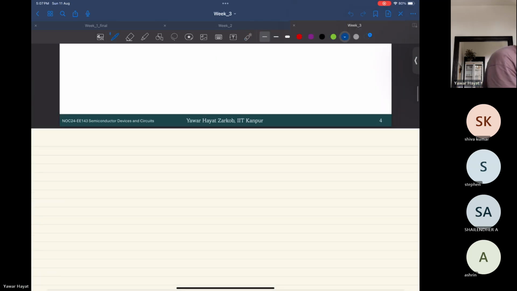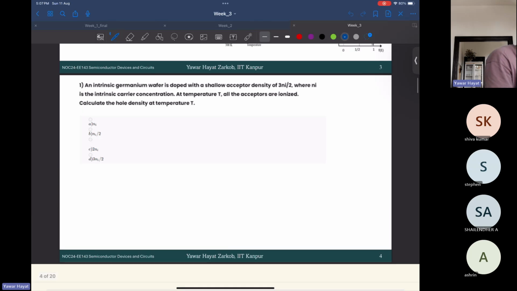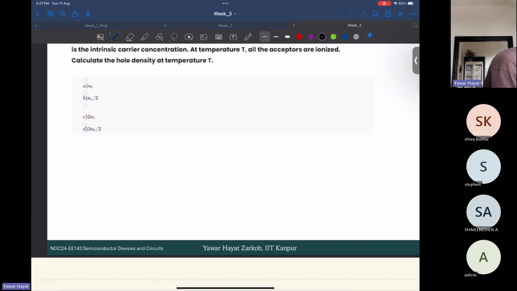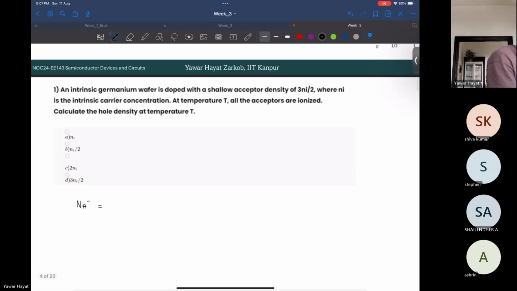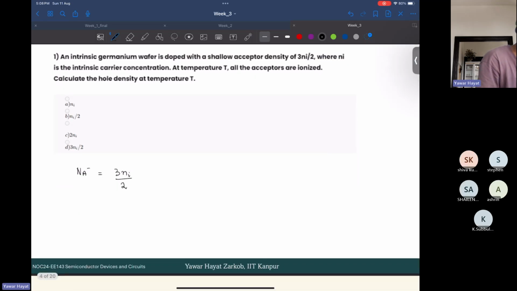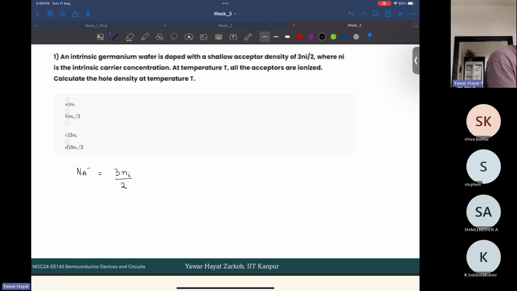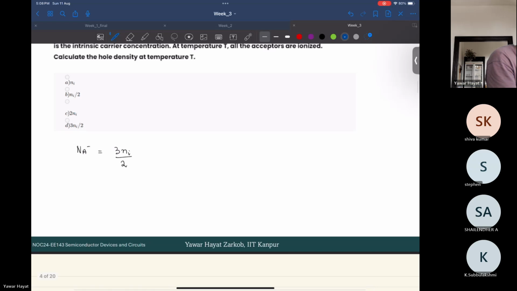So see what we have been given. We are given that this Na minus, what is this Na minus? 3 Ni by 2, right? So this is 3 Ni over 2. Now, since all acceptors are fully ionized, we can use the following thing. What we can write is something like this.